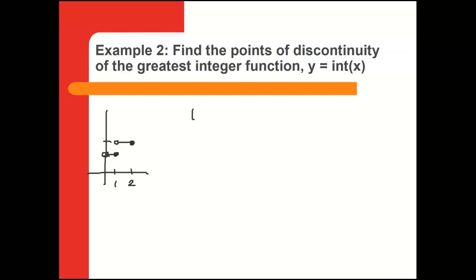So if you looked at the limit as x approaches 2 from the left, and the limit as x approaches 2 from the right, the greatest integer function is kind of like the double bar bracket.